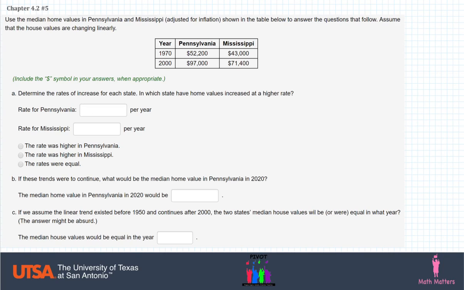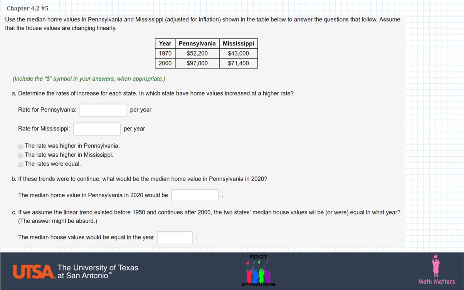So, first thing we're going to do is figure out the rate for Pennsylvania. And the way we're going to do that is find the difference between 1970 and 2000's monetary value, and then divide that by how many years in order to find out how much the increase was per year.